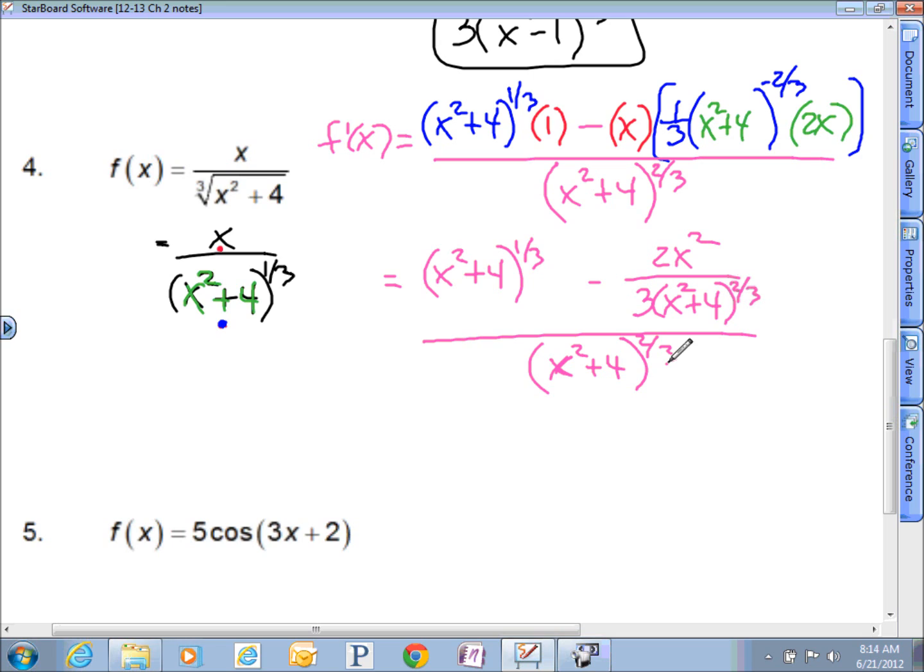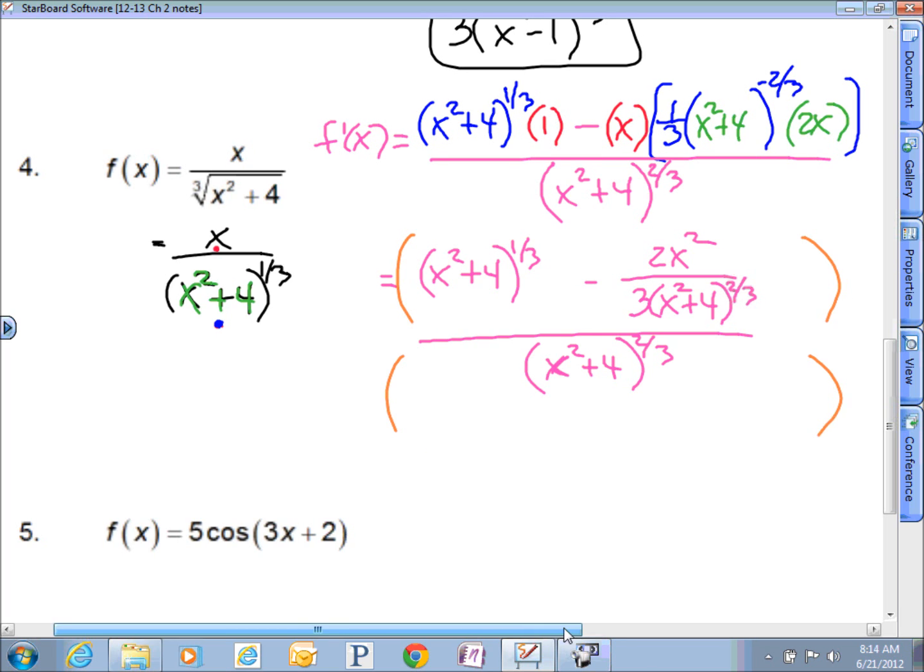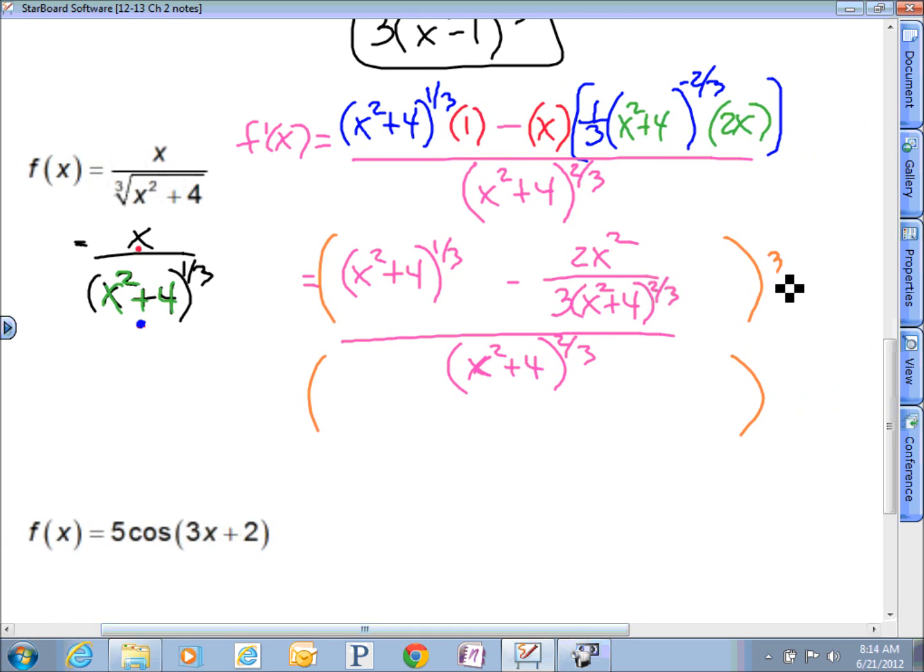If we have fractions inside of fractions, the fastest way to get rid of them, as we've talked about, is to multiply the top and the bottom by what's causing the problem. What's causing the problem? It looks like that 3 and the x squared plus 4 to the 2/3 are. If I do that and distribute this orange thing, the first term is going to become x squared plus 4 to the 1/3 times x squared plus 4 to the 2/3.